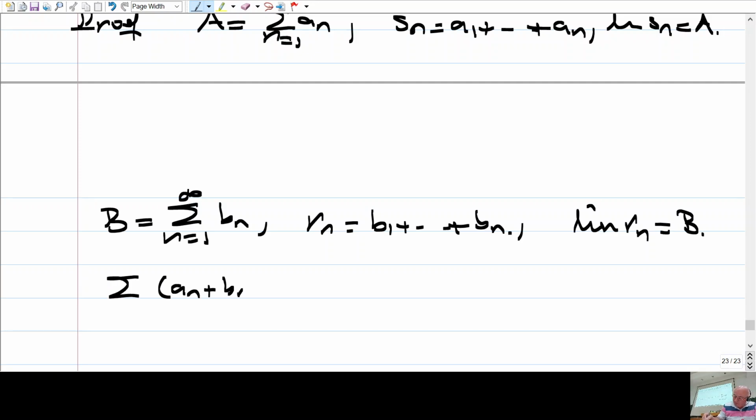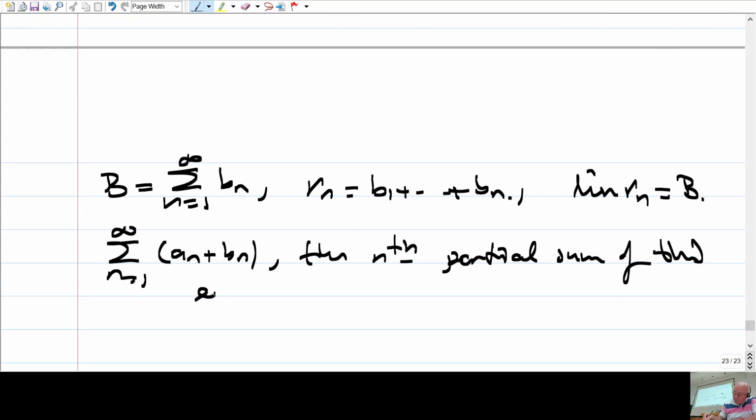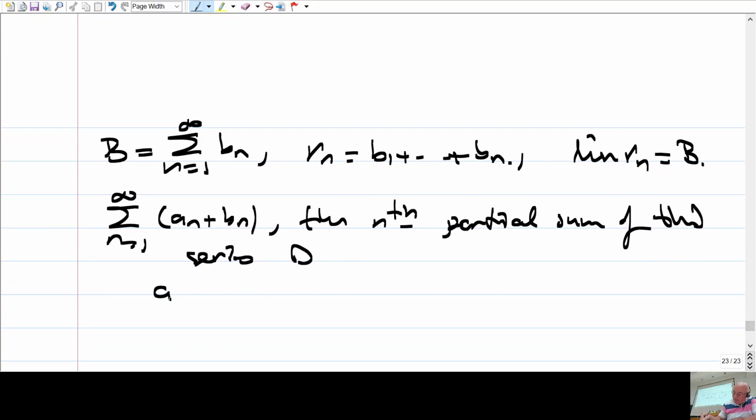So for the series An plus Bn, what is the nth partial sum? It is A1 plus B1 up to An plus Bn.